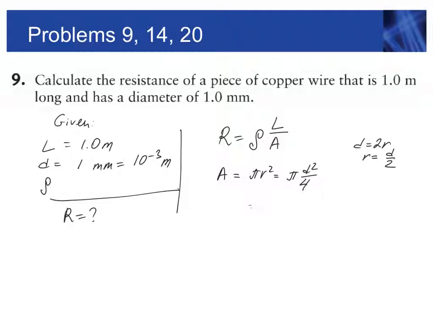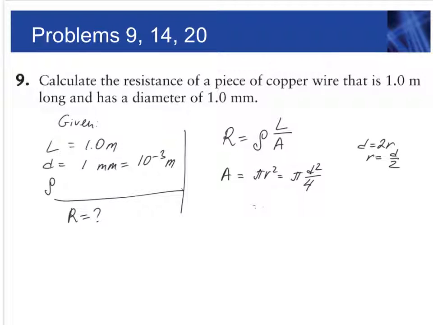Plug in over here. Resistivity we need to look up in the tables. Table 19.1 has a value for resistivity, and it is equal to 1.7 times 10 to the negative 8 ohms times meters.